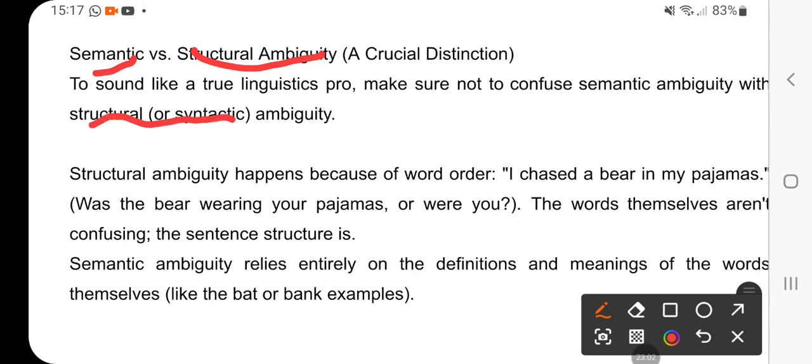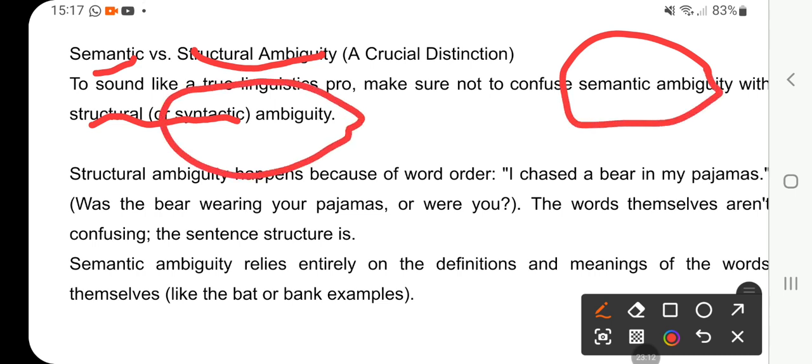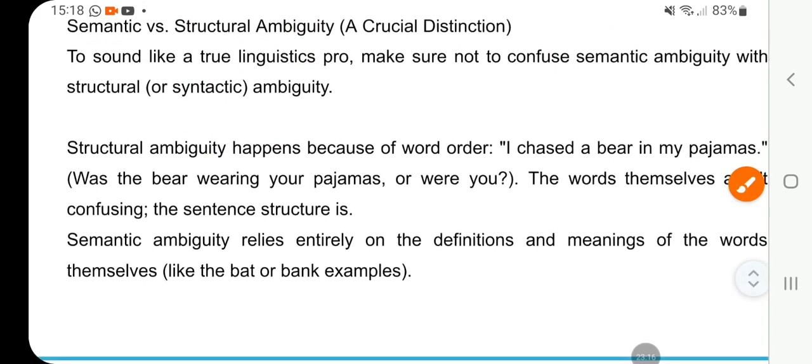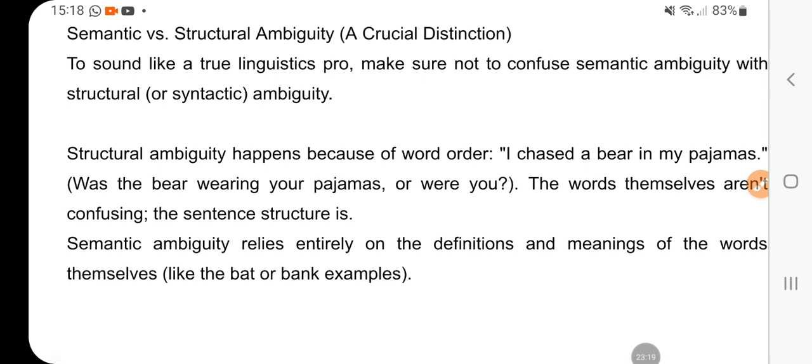Please take care, structural and syntactic is the same ambiguity. So there are two ambiguities, semantic ambiguity or syntactic ambiguity, right? So here we will see structural ambiguity happens because of word order.